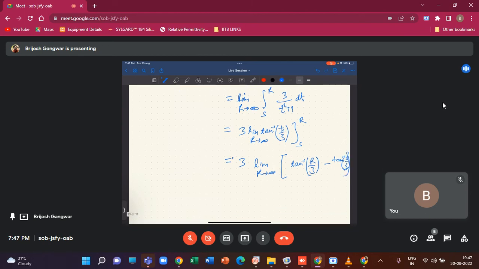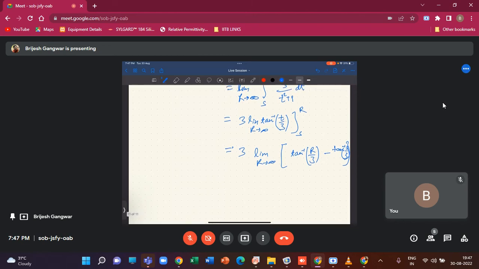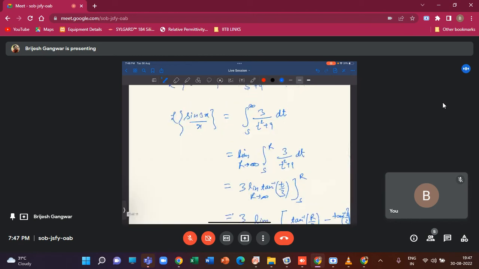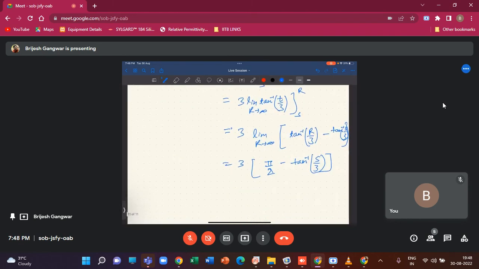If r tends to infinity, tan inverse infinity is equal to pi by 2. So it will be pi by 2 minus tan inverse s by 3. This will be the answer.